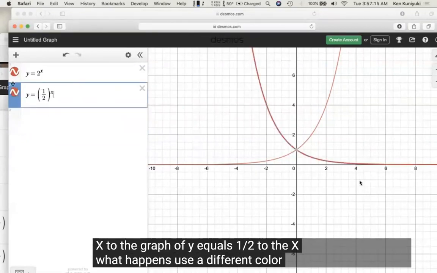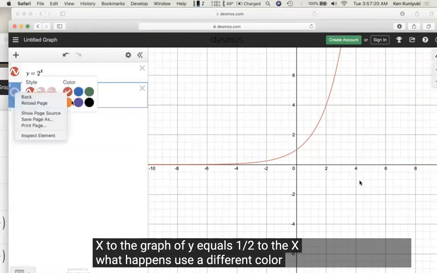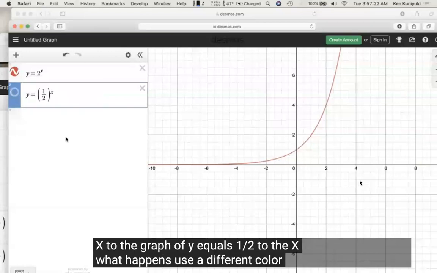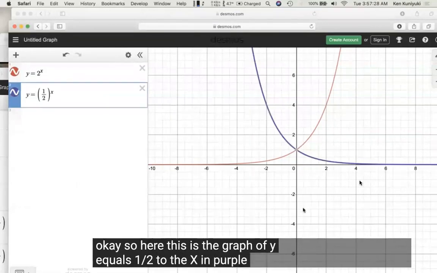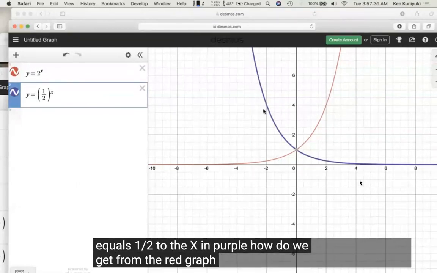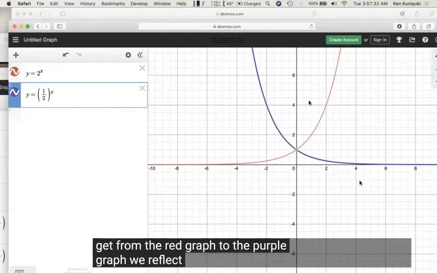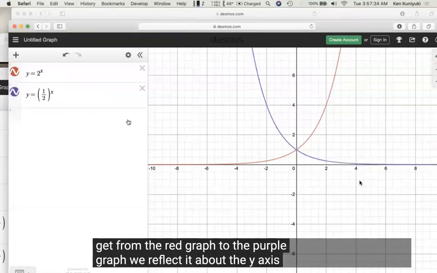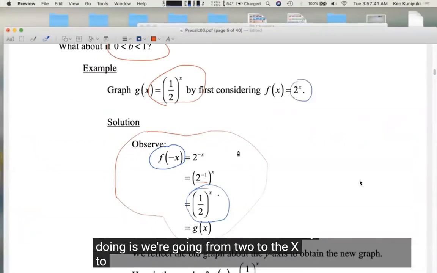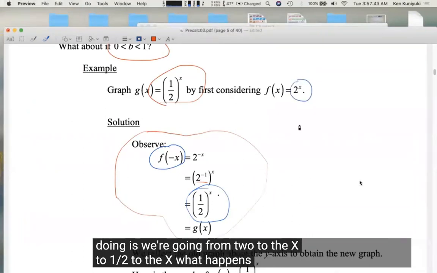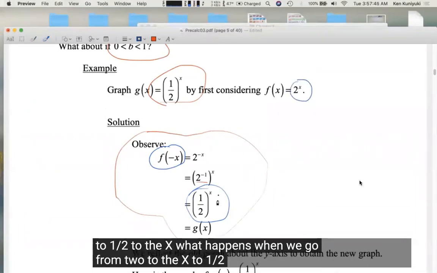Choose a different color. Okay, so here, this is the graph of y = (1/2)^x in purple. How do we get from the red graph to the purple graph? We reflect it about the y-axis. Remember, what we're basically doing is going from 2^x to (1/2)^x.